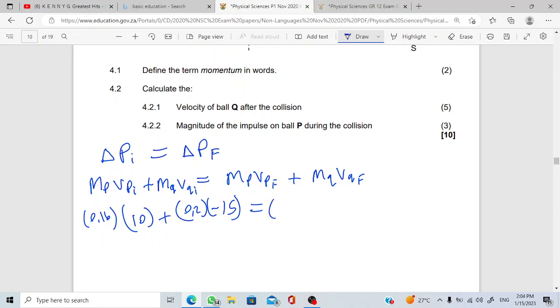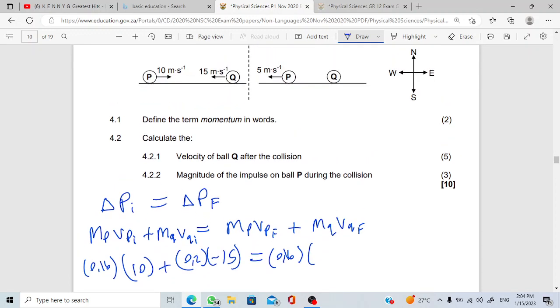Mass P is still 0.6, multiplied by the velocity there, which is 5, and it's going west, so I'm going to substitute with the negative, plus mass of Q, 0.2, VQ final. That's what we are looking for.